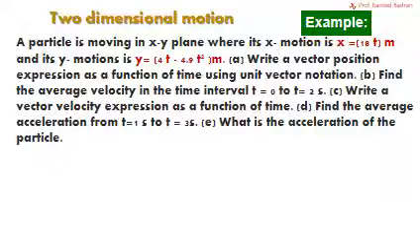This example is an application to two-dimensional motion, where a particle is moving in the xy plane with an x motion having an equation of x equals 18t and a y motion with a position y equals 4t minus 4.9t squared, where all positions are measured in meters.